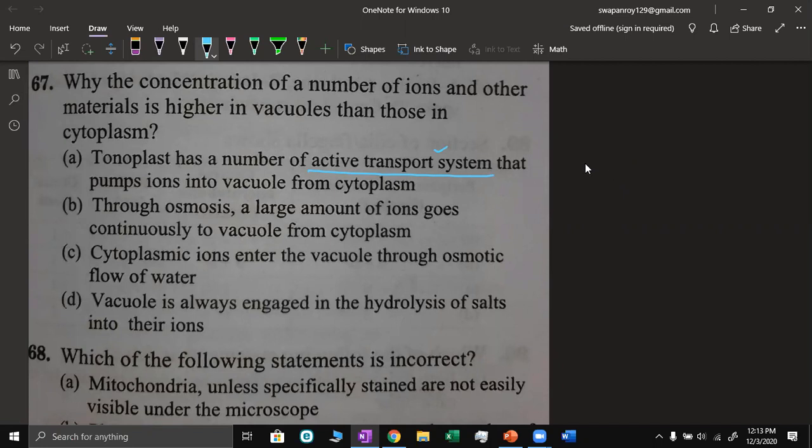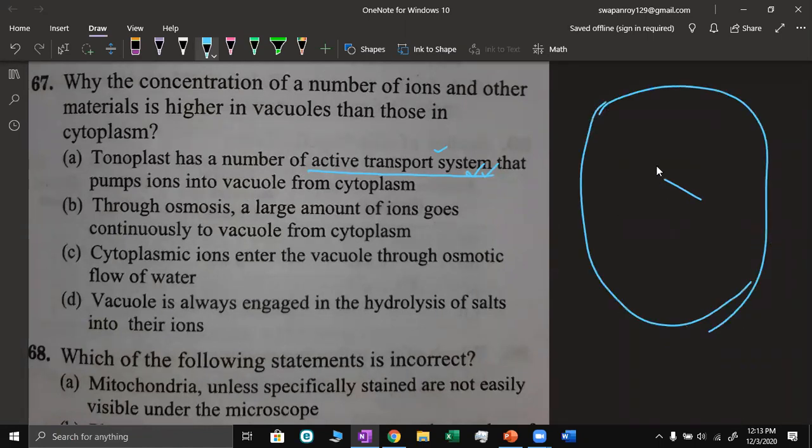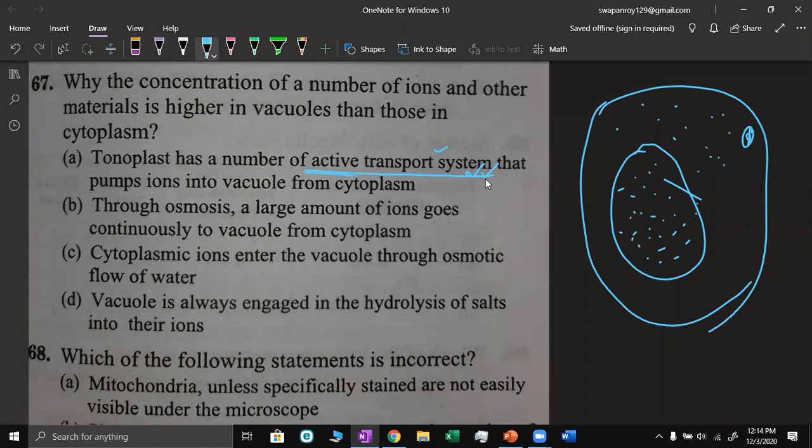Generally it should be higher in the cytoplasm, but some ions are present in higher concentration in the vacuole due to the presence of active transport systems.